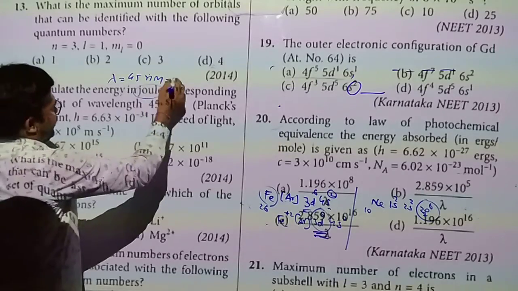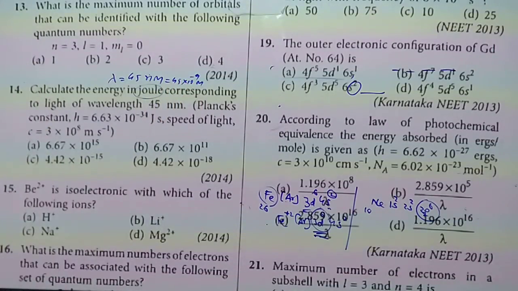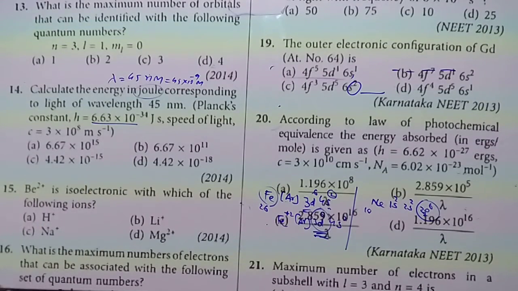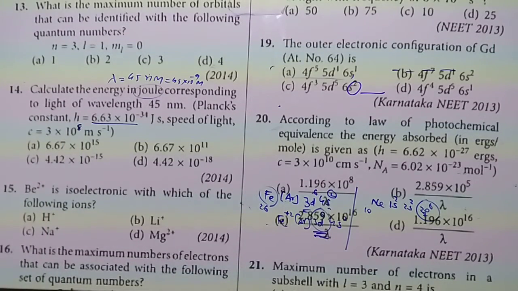So 45 into 10 raised to minus 9 meter. Planck constant is given in joule, 6.63 into 10 raised to minus 34 joule second. Speed of light in meter per second. So we can define the energy using this formula.